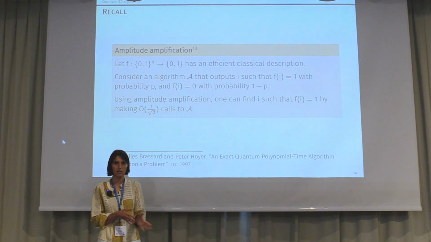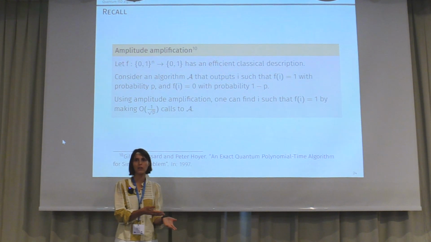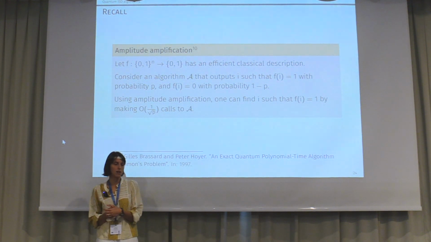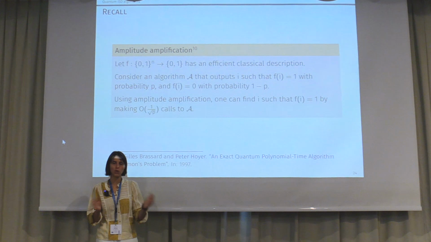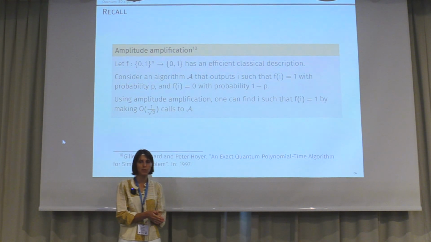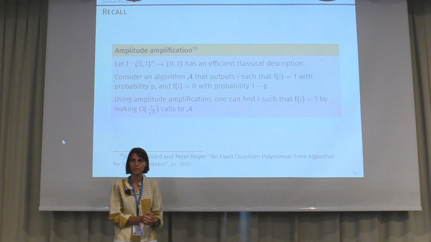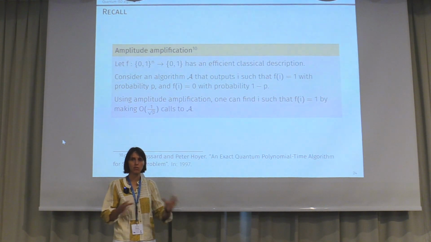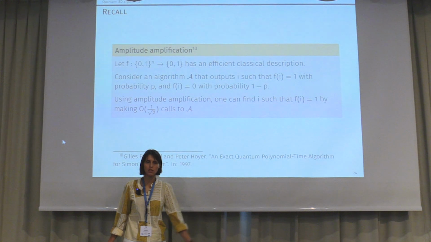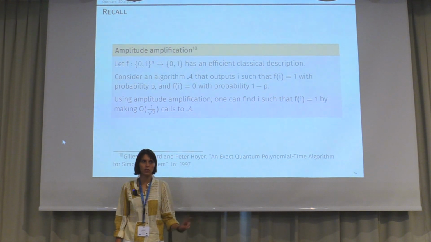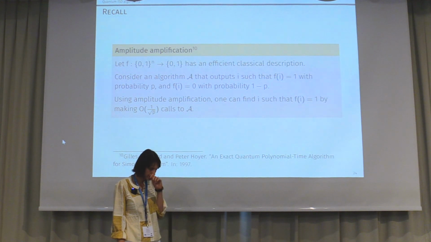This is formulated in the query complexity manner. So instead of asking your oracle 1 over p queries, as would happen in the classical case, you can ask 1 over square root of p queries. Each of these queries also requires some time to be answered, but we are not taking that into account here. So these are the two algorithms that you have seen before.